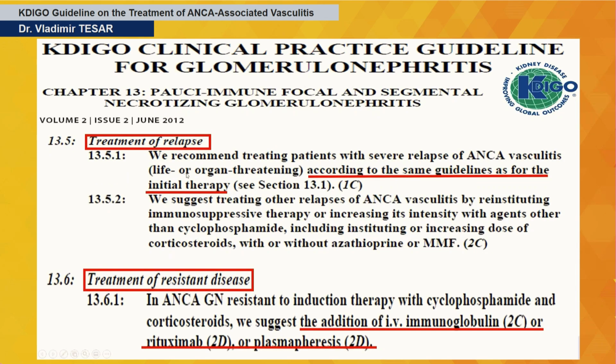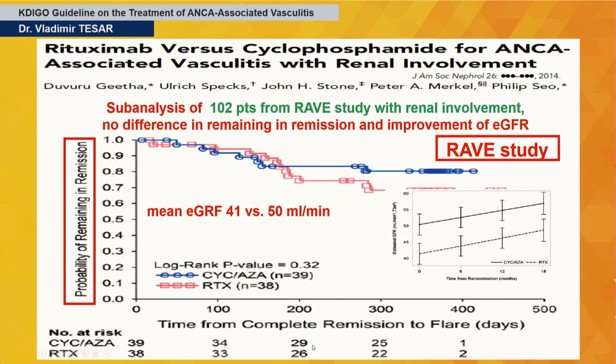And the treatment of relapse was suggested in the same way as the treatment of a new patient according to the same guidelines. And for resistant disease, there was no clear recommendation, and it was suggested that you can use either IV immunoglobulin, rituximab, or plasma exchange.